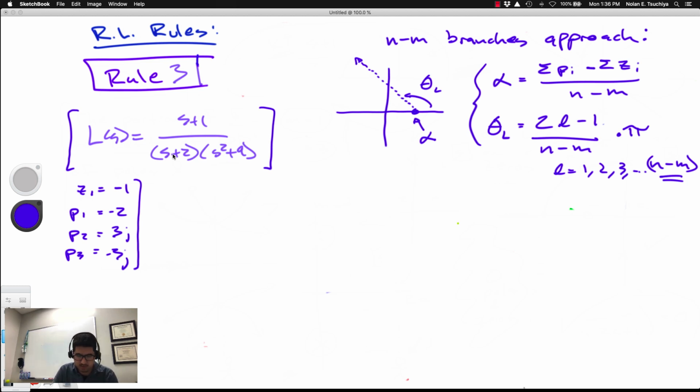So what we have is our pole-zero map. Here's 3j and -3j.